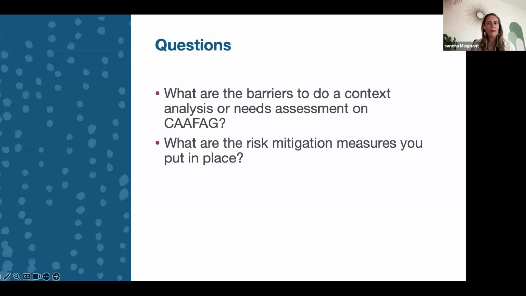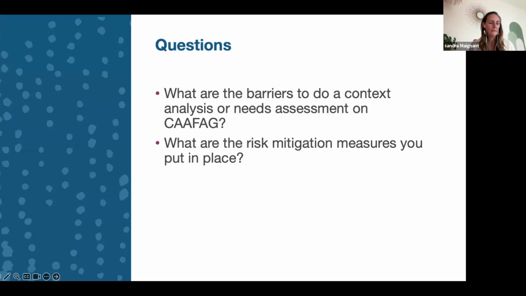So in terms of strategies, I can share some of the strategies that I have put in place, some that I have also discussed with some of my colleagues. So basically these tools, like the tools from the CAAFAG task force, I've used them in 10 countries, if I'm not mistaken. Yeah, done about 10 context analyses.